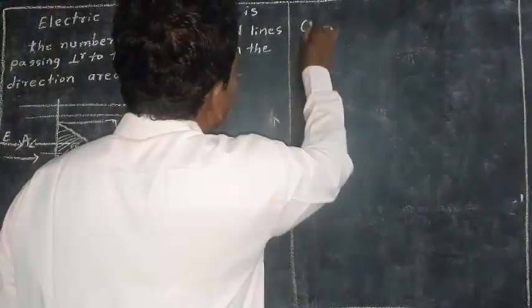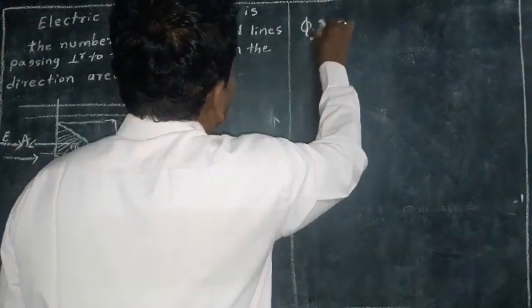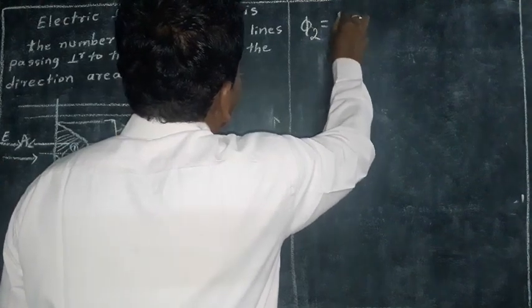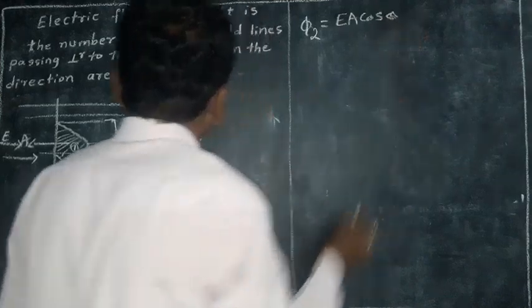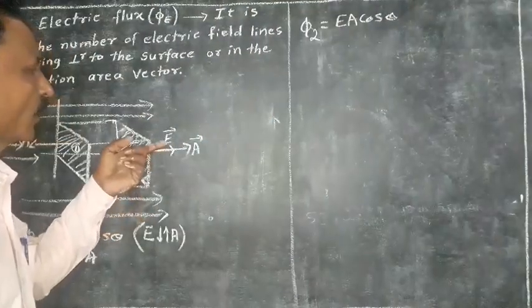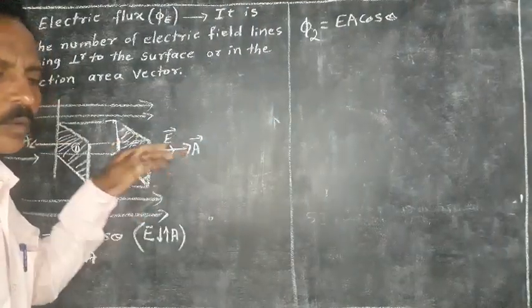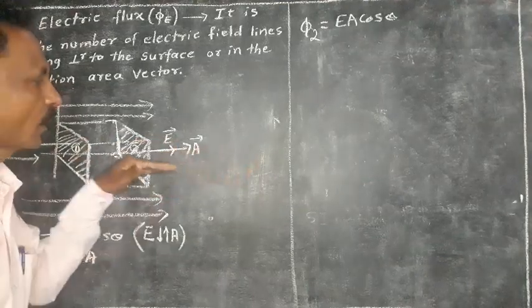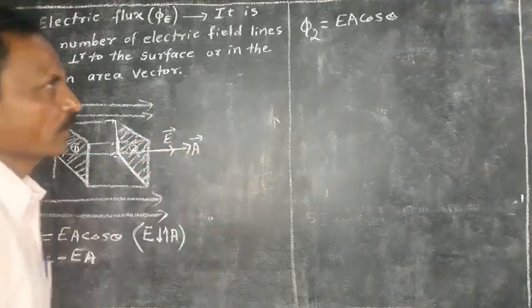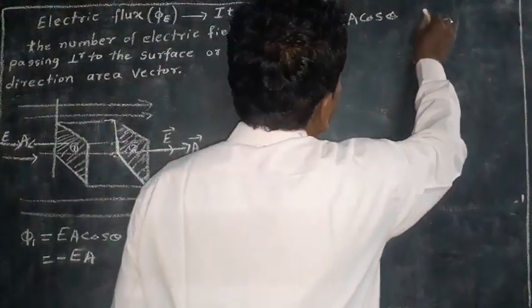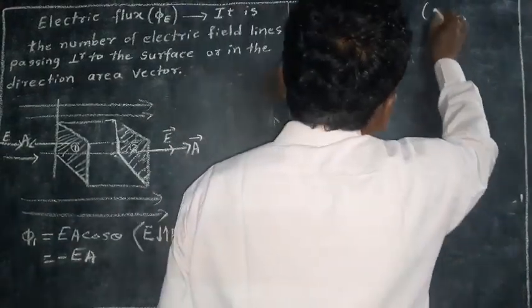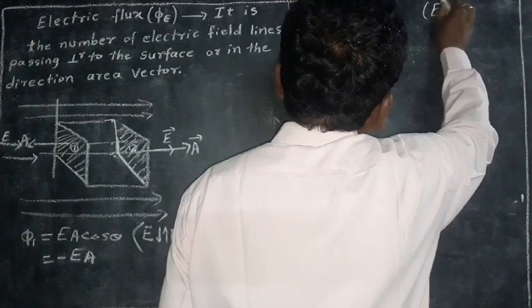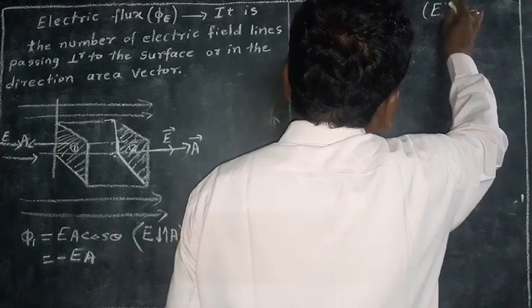Therefore, phi 2 is equal to EA cos theta. Here, theta is the angle between E and A. Both are in the same direction, or they are parallel to each other. Then theta equal to 0.